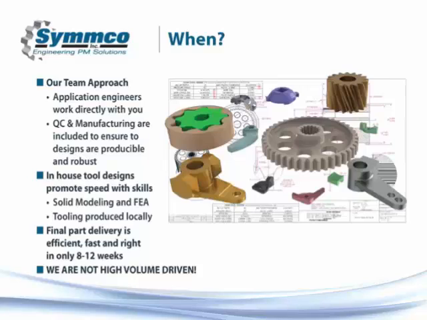Now, while these cases definitely had a sales slant, they are really the hallmark of a PM101. It's providing a net or nearly net shaped part, many levels, many complexities, and doing it with a very high production rate. That's the hallmark of powder metal.